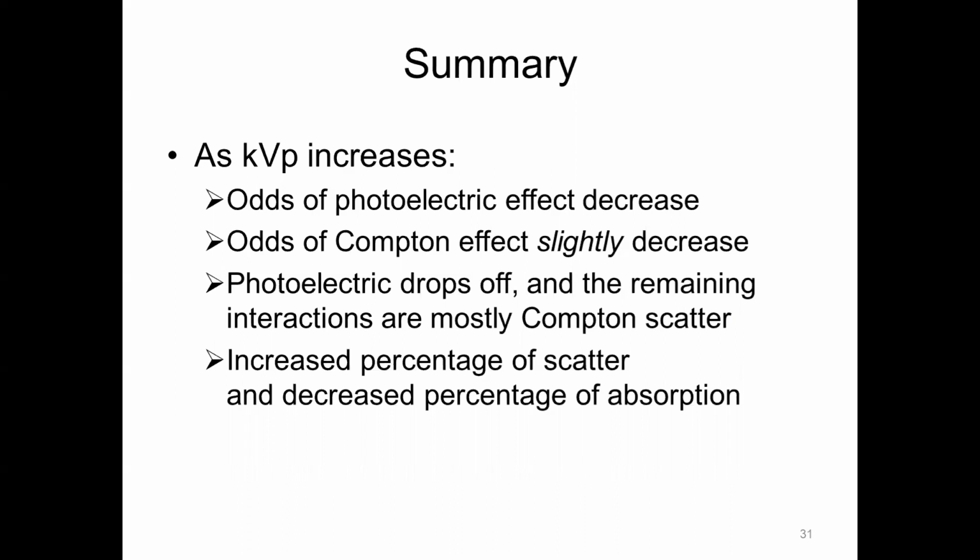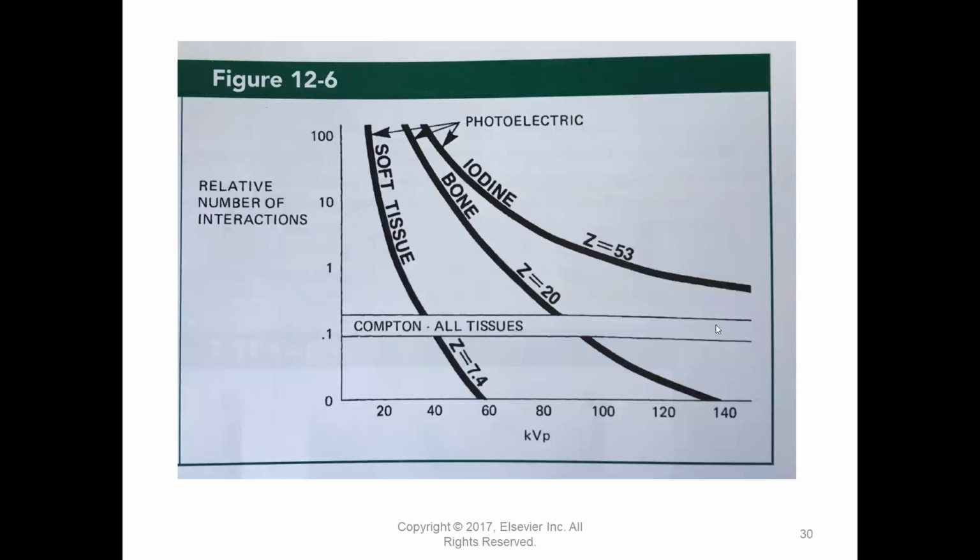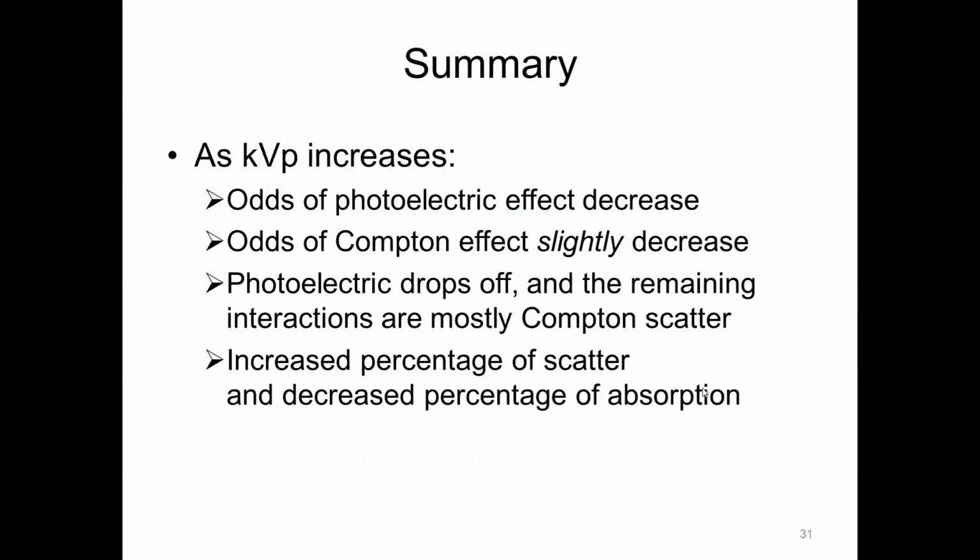I keep increasing my kVp, photoelectric drops off, and the remaining interactions are mostly Compton scatter. Remember that even at very high kVp levels, I'm still going to have Compton happening, even though absorption has dropped off. So what's left over is scatter. That gives me an increased percentage of scatter, decreased percentage of absorption.